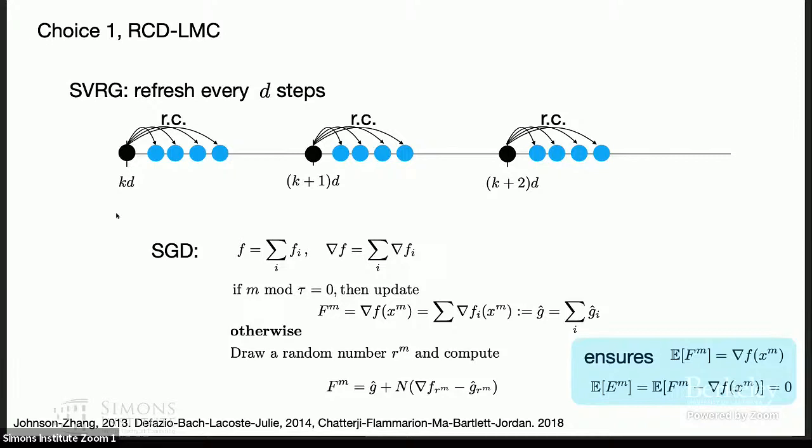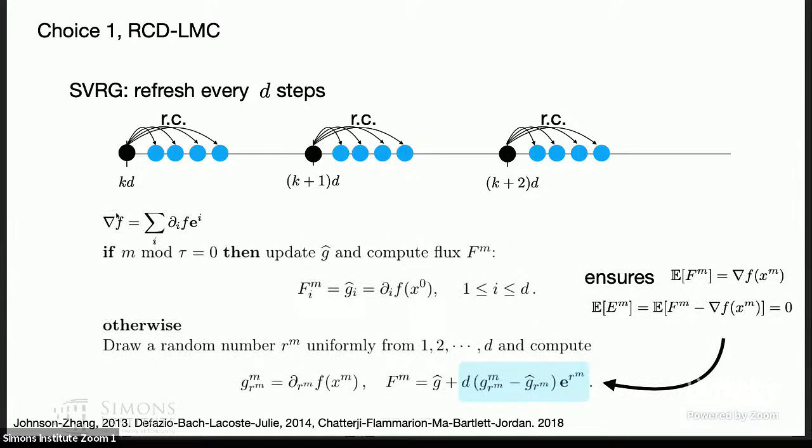One example is Johnson and Zhang. This is to say that once in a while, you compute the true gradient, but in each sub-iteration in between, you just randomly pick one sub-function to update. So we borrow the same idea.